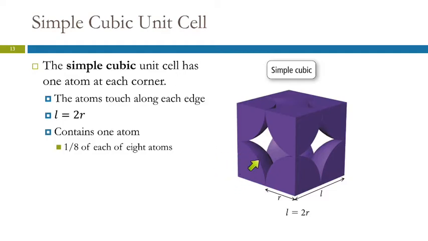So here we have an atom, and the atom has a radius. And we can figure out how long the side of this cube is because it's the radius of one atom and the radius of another atom. And so the length here is equal to 2 times the radius of whatever particle this is. And then you could calculate the volume based on that as well.